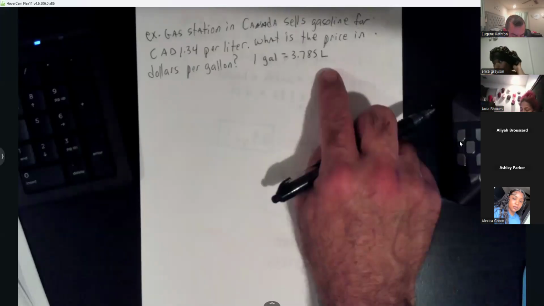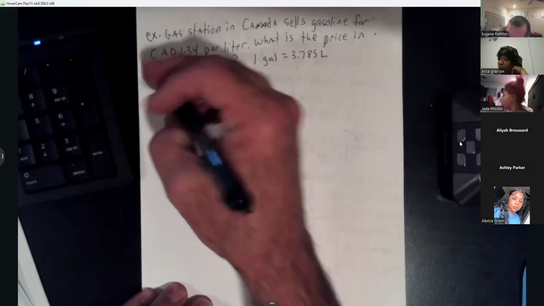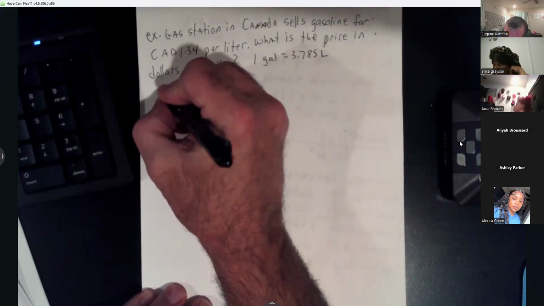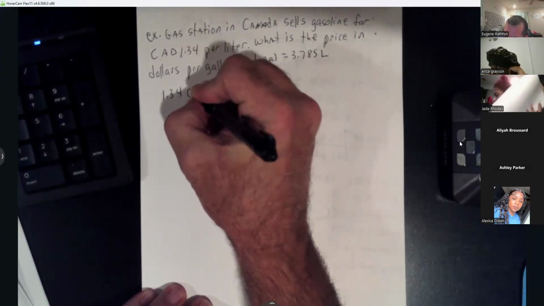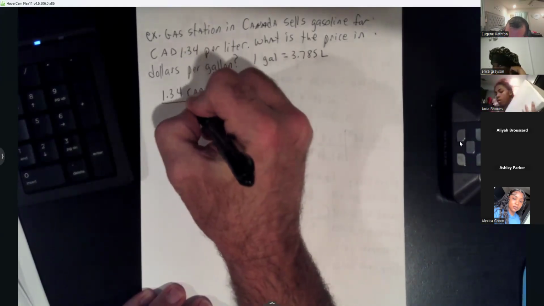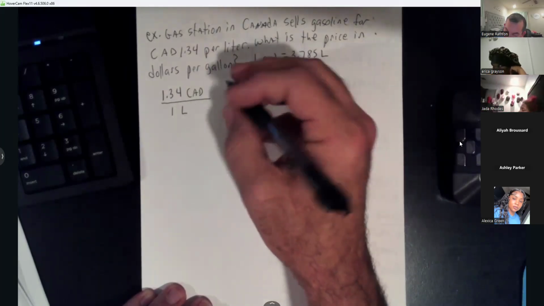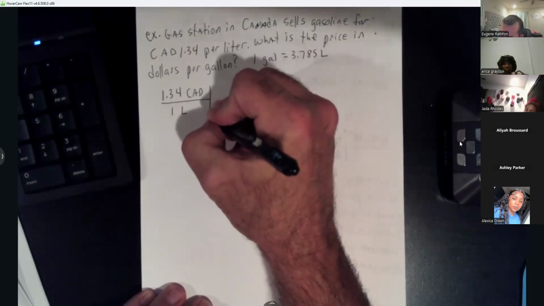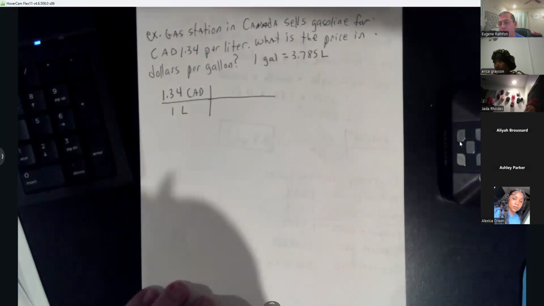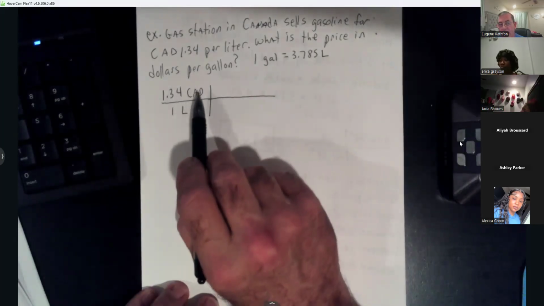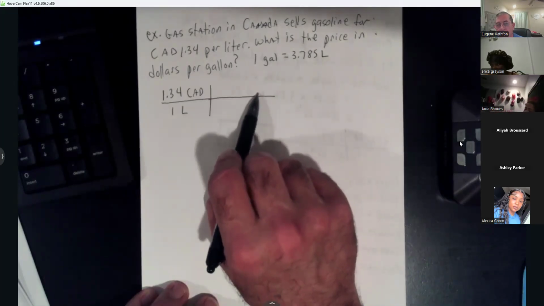Alrighty, so we're going to start with 1.34 CAD. So this 1.34 Canadian dollars per 1 liter. So I got 2 conversions I got to do on this. I got to convert from Canadian dollars to US dollars.